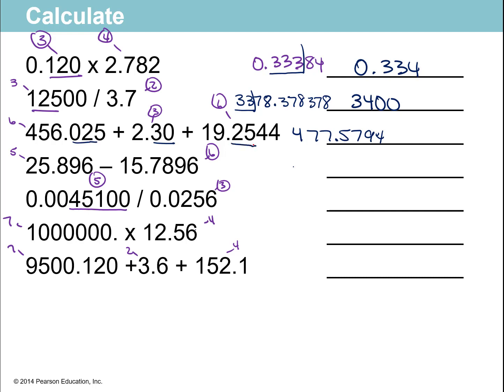So 2 is the smallest. That tells me I have to round this to 2 decimal places. When you add and subtract, you find the smallest decimal place, and you round from there. The next digit is a 9, so what will it do? It's going to round up. So my number becomes 477.58. Okay, try the next one.